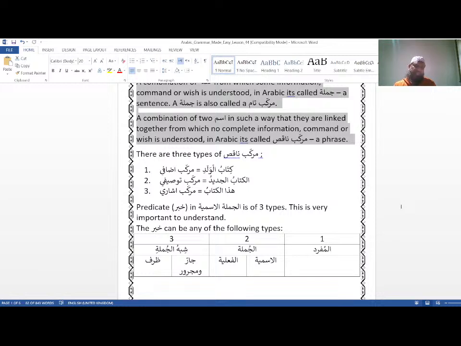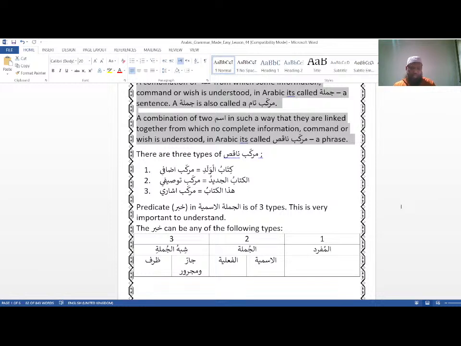We've learned ظرف means when we make a noun from a fail. ظرف makan gives us the meaning of place where the action takes place. ظرف zaman gives us meaning of time the action takes place in.